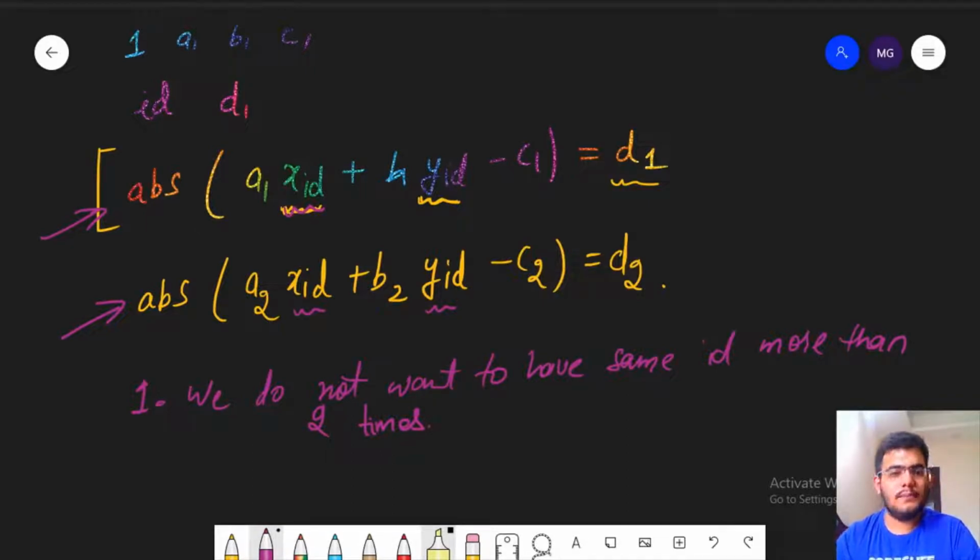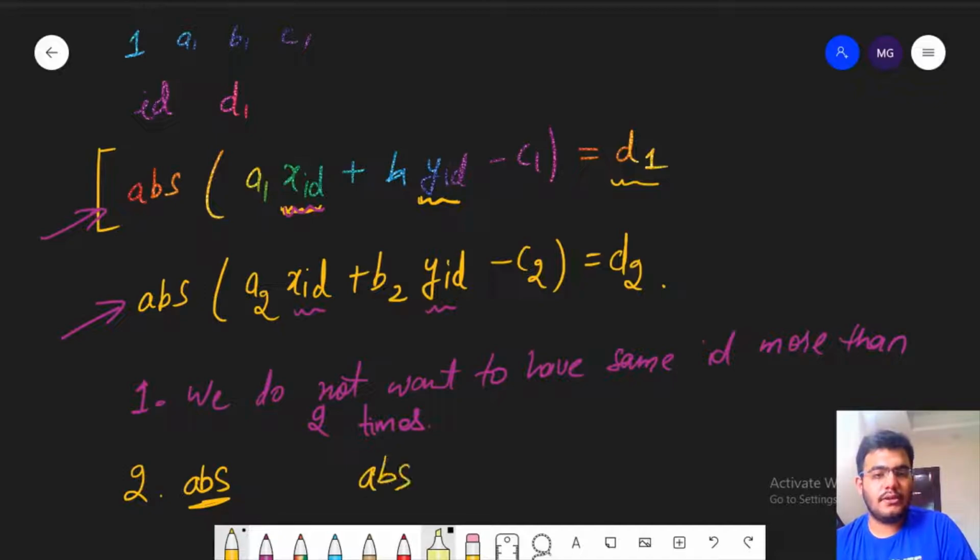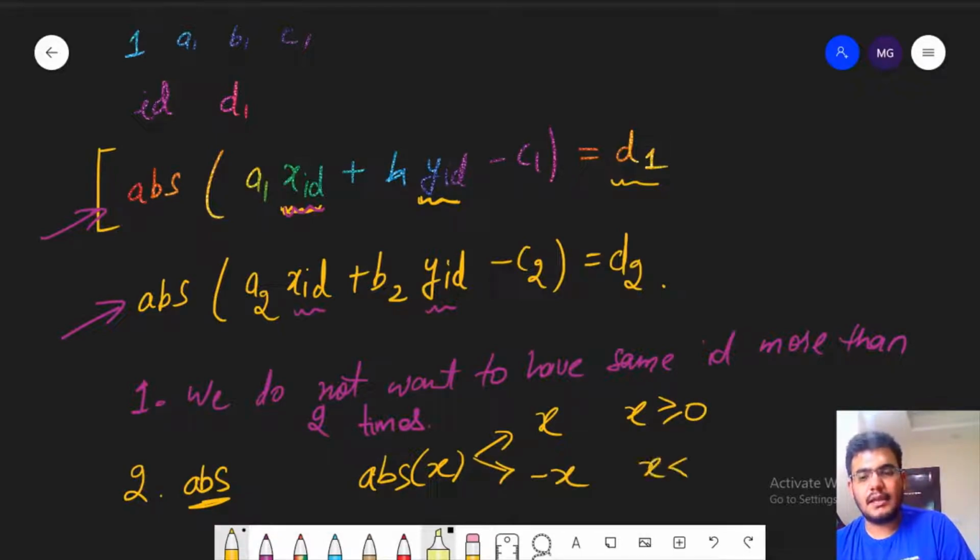The other problem here is how do we use this equation to calculate the xid and yid? The second thing is how the absolute function will be opened, because there is a problem here. The absolute value of a number x is defined as x if x is greater than or equal to 0, and it will be minus x if x is less than 0.